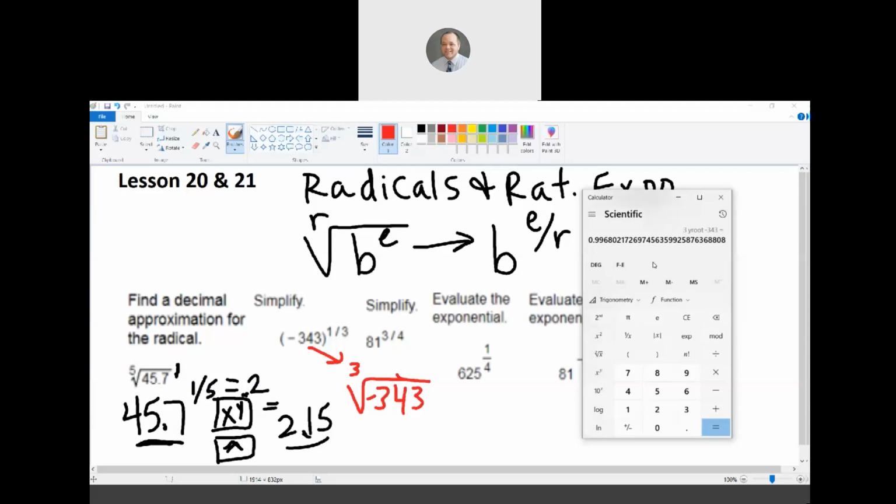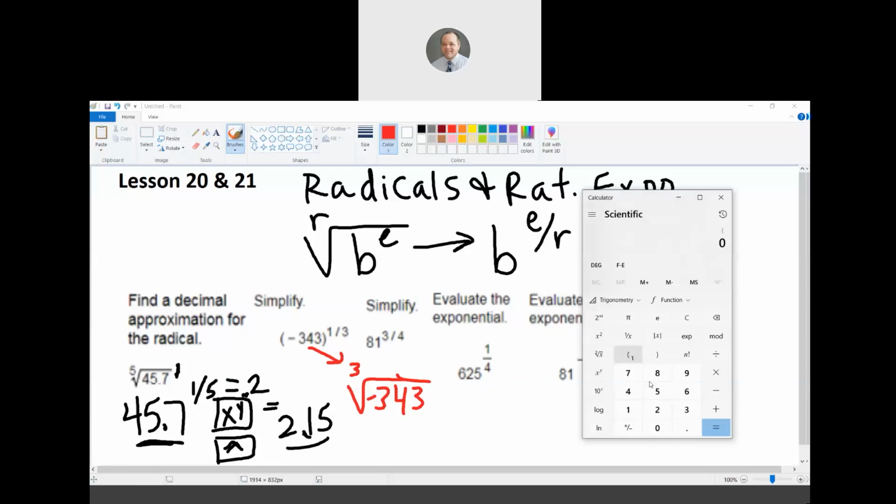Excuse me. So this one is not going to come out so nice and easy. Again, you will probably have to round to a specific place value. Let me enter it the other way.